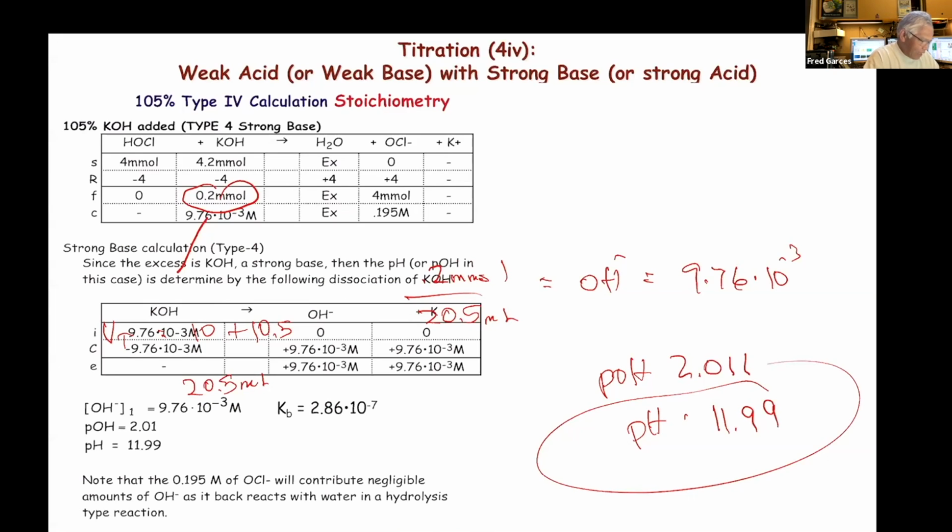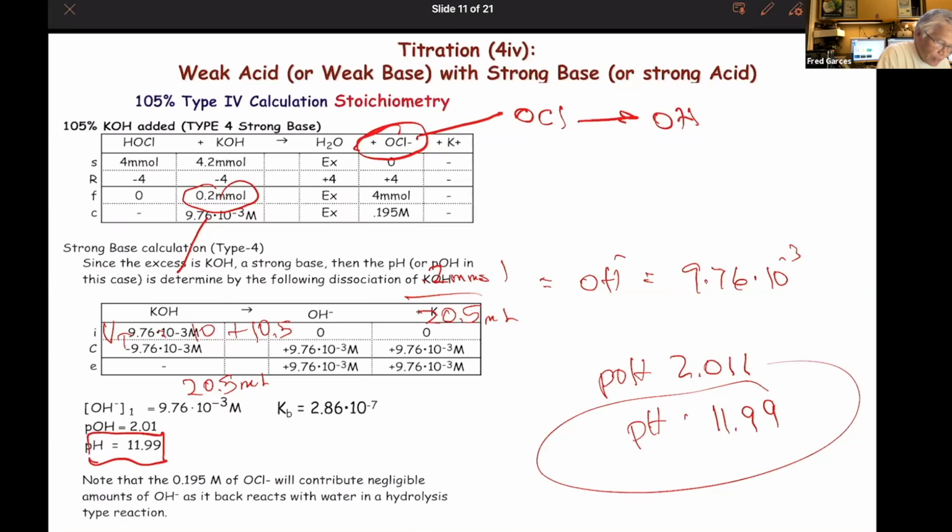Look at the answer right there, 11.99. Now, this chemical right here, that's a base. So that base will also produce hydroxide. But I'm going to show you in this calculation up here that the amount is so minute, you ignore it.